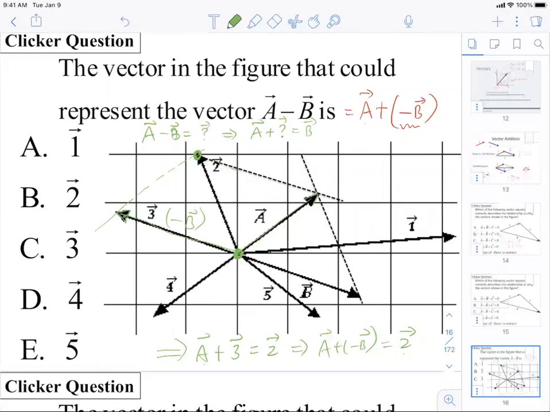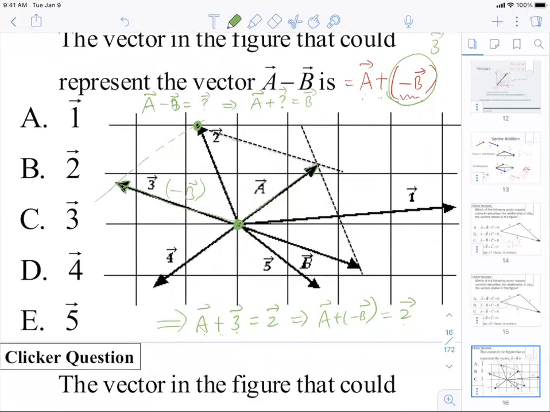So to do A minus B is equivalent to do A plus 3. Do you agree? Yes. Okay, because 3 is minus B, right? So doing A plus minus B is equivalent to doing A plus 3. This is exactly 3. So A and 3.